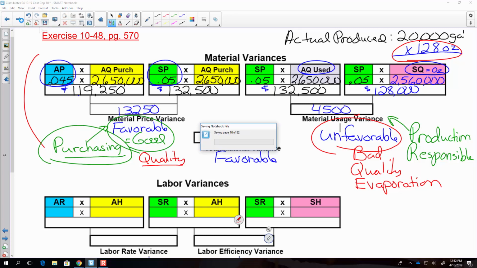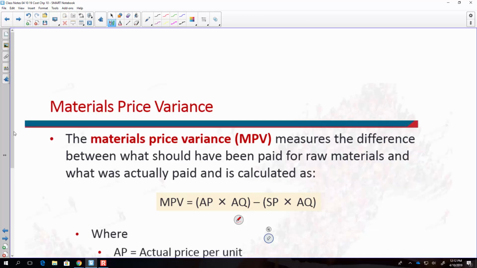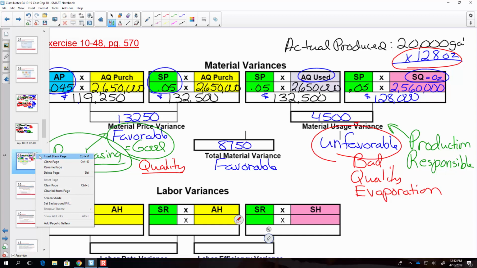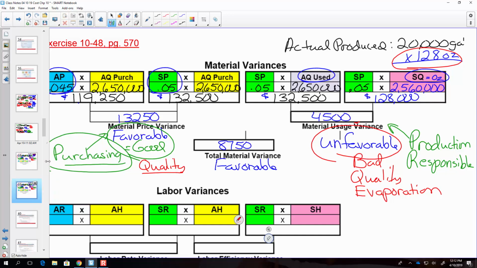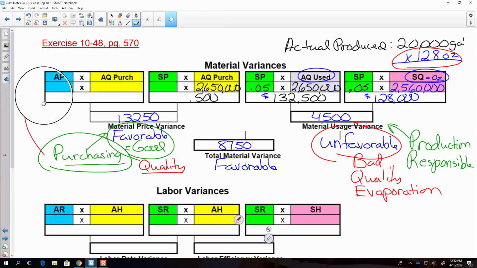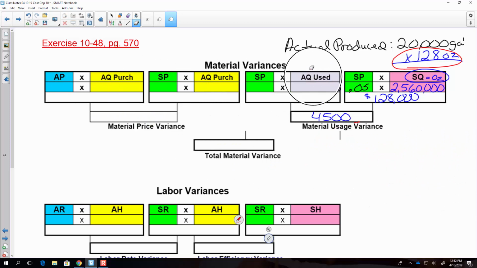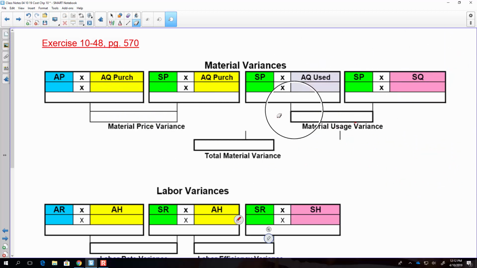I need another template, guys. So grab another template here. What I'm going to do is I'm going to clone this one. These templates are nice to go backwards.